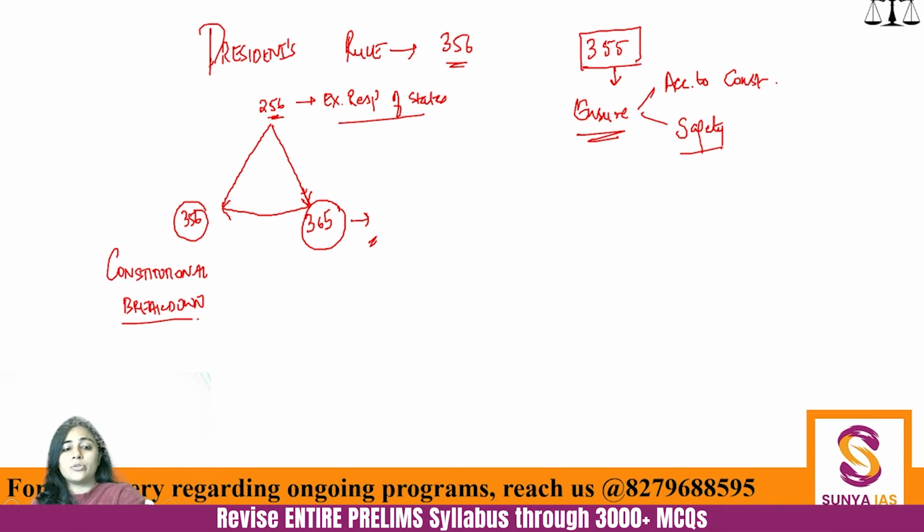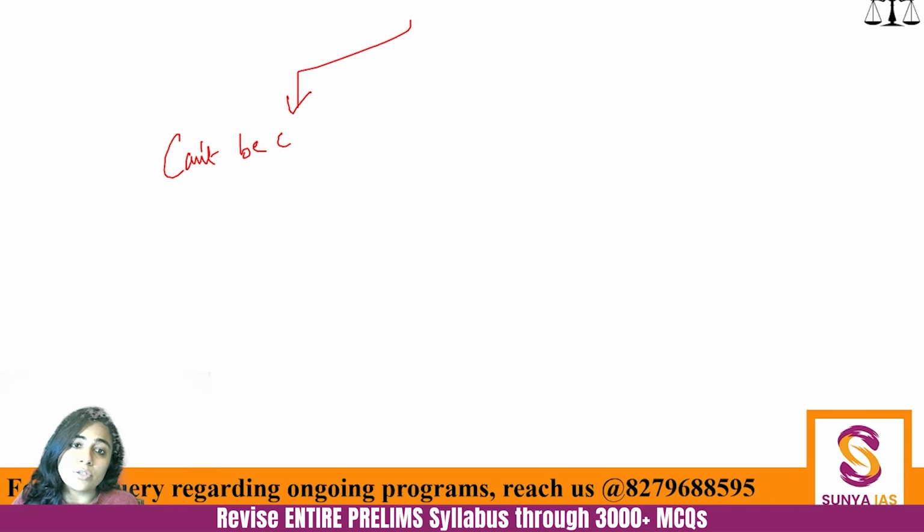Let me explain on what grounds this happens. What are the two bases on which the president's rule can be imposed? One is when the government of the state cannot be carried on in accordance with the constitution.